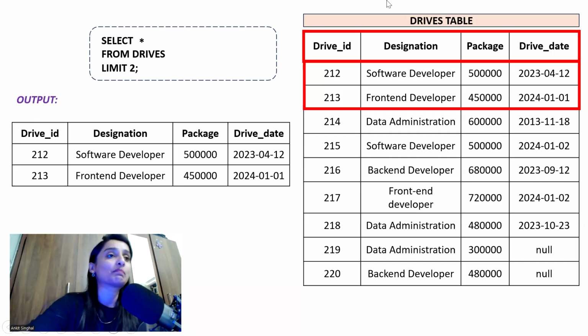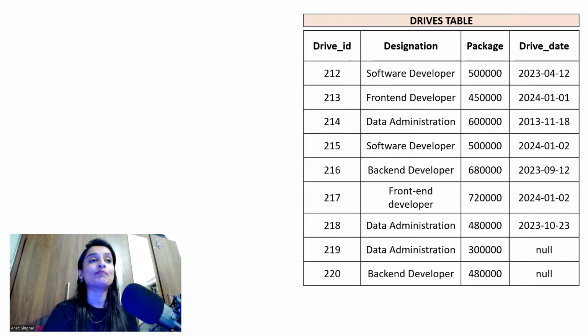Okay. So now one more example. Along with limit, we have an offset as well. Let's say in this table, I want to select 2 records, but you have to skip the first 2 records. For example, in this table, I want these 2 records, 214 and 215.